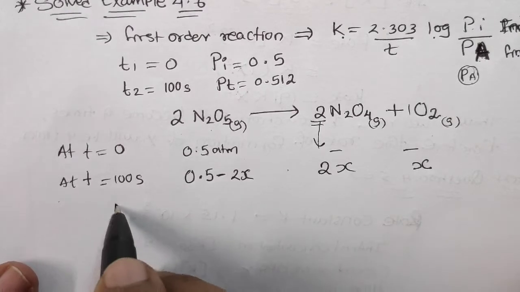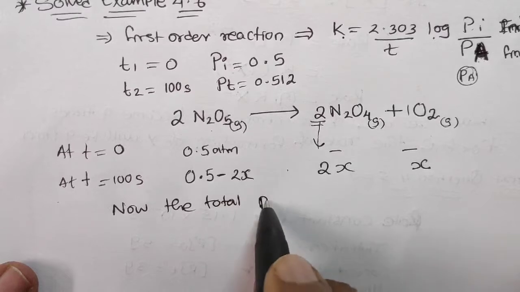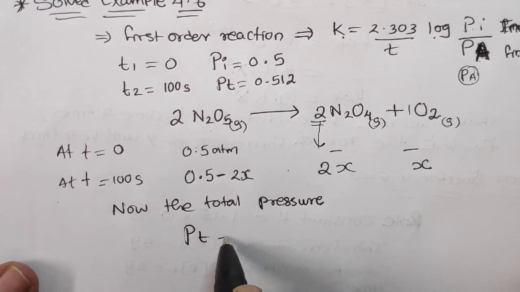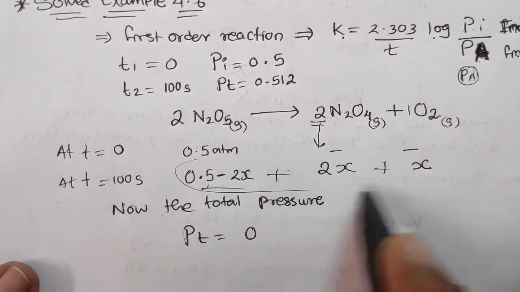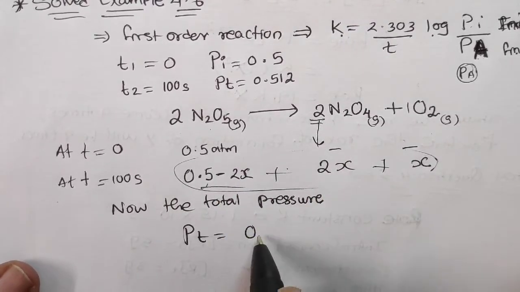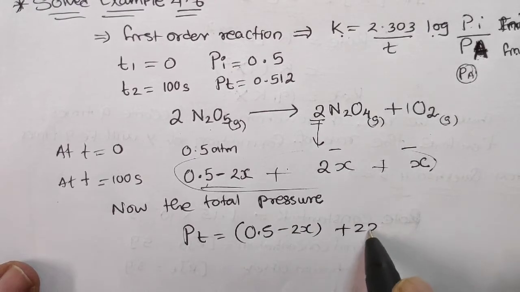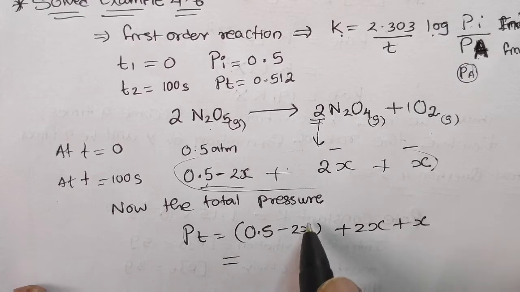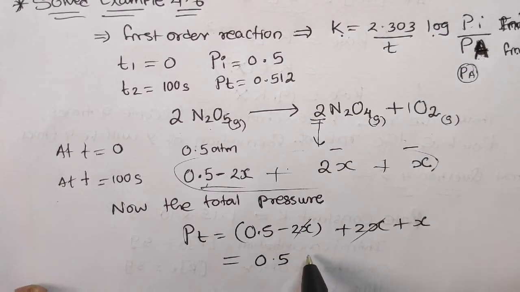Now if you write the total pressure, PT will be equal to all of this added together, then only I'll get the total pressure. So PT is equal to 0.5 minus 2x plus 2x plus x, right? If you open the bracket, the 2x will get cancelled, so PT is 0.5 plus x.